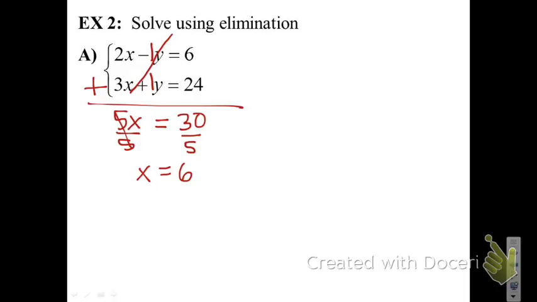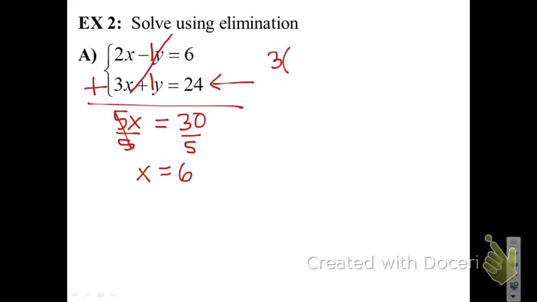So we have found out what one of the variables is. Once you find out what one of the variables is, you put it into either equation, top or bottom. Now I'm going to look at the bottom equation because all my signs are positive. So I have 3, and I'm going to replace the x with what I know it to be, a 6.